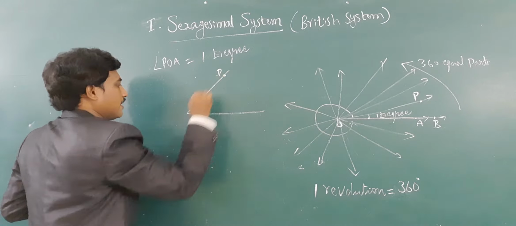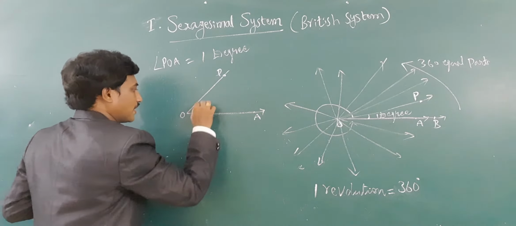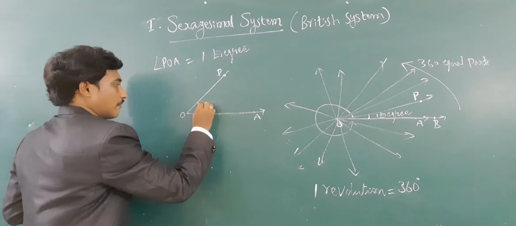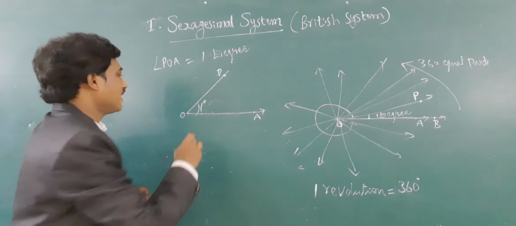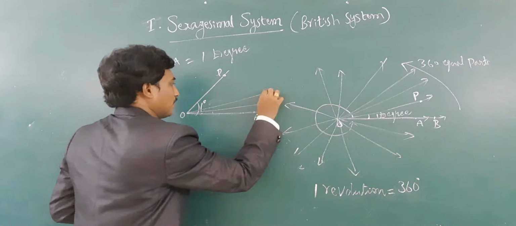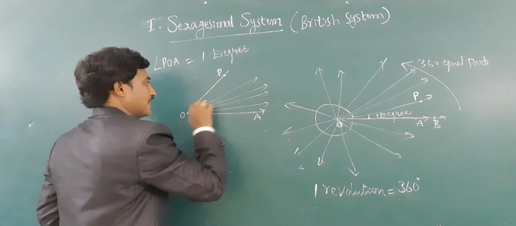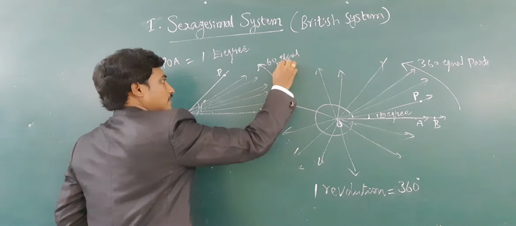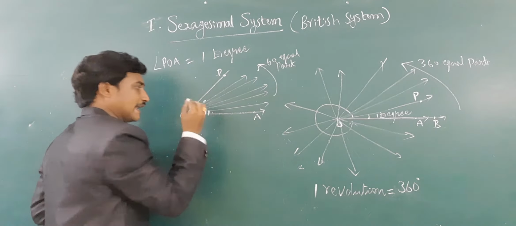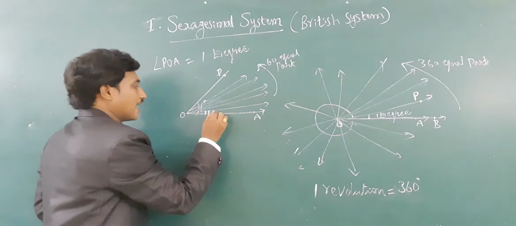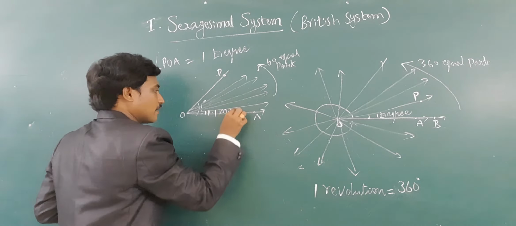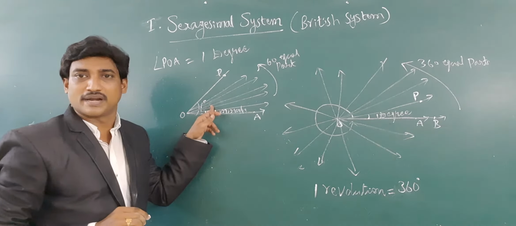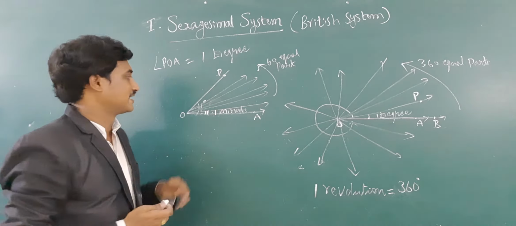Again, 1 degree is divided into 60 equal parts. Then each part, that means each angle, is called a minute. It is 1 minute. There are 60 minutes in a degree.